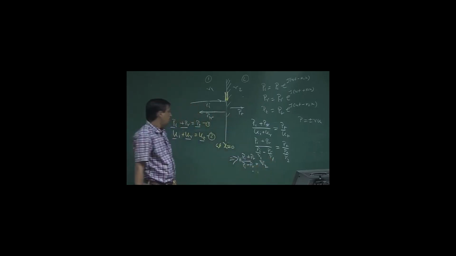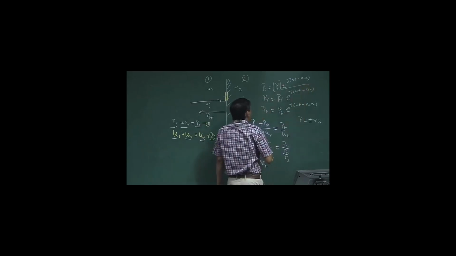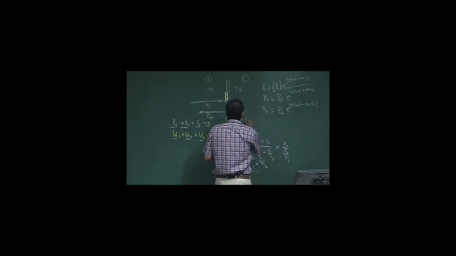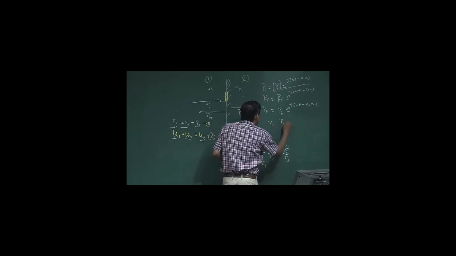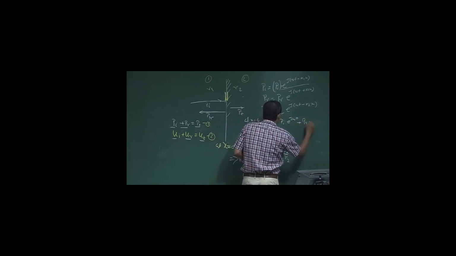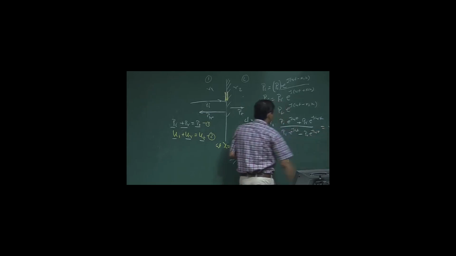Okay. So, at x equal to 0, Pi is only the amplitude at x equal to 0. So, R1 times Pi e to the power j omega t plus PR e to the power j omega t, divided by Pi e to the power j omega t minus PR e to the power j omega t, is equal to R2.